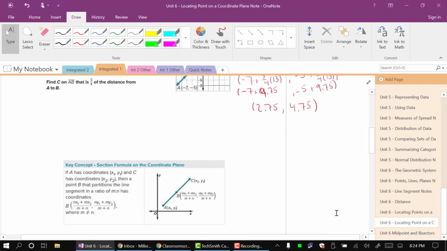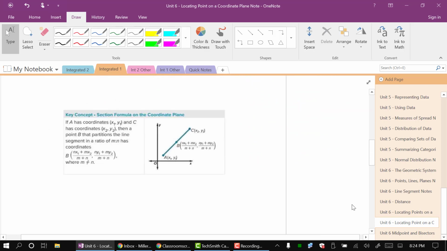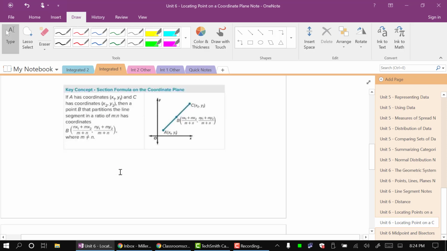Let's take a look at our next one. Before we look at that, we want to look at another key concept. So just like we had with the fractions, now with the ratio, we have a second part of it, where before we only had the x1 and x2, now we have y1 and y2. So let's go ahead and give this a shot.